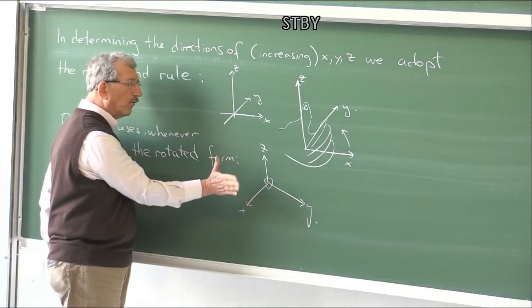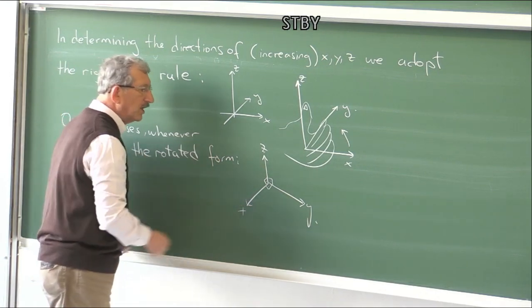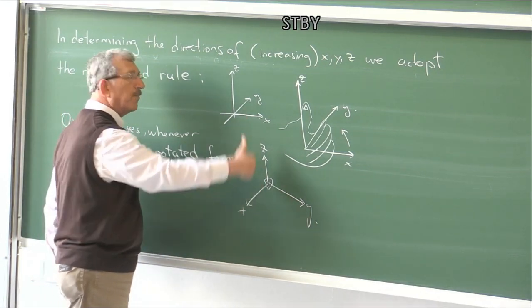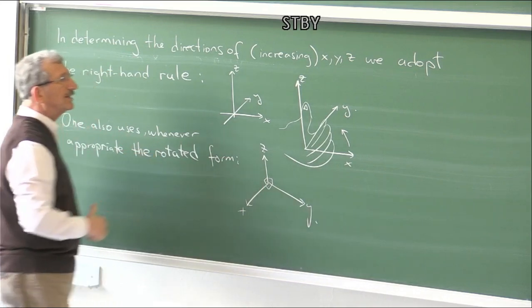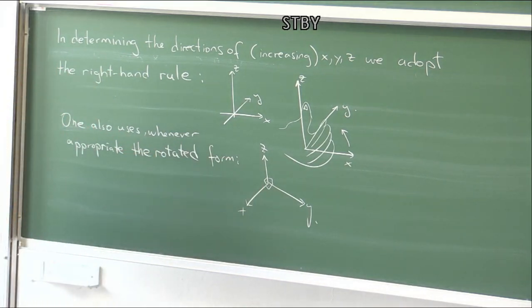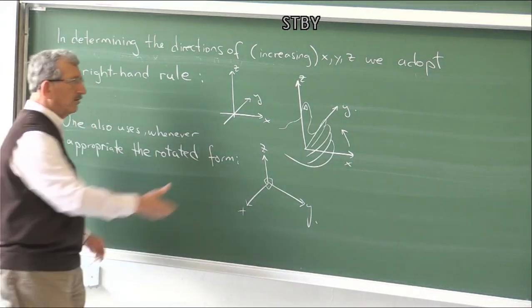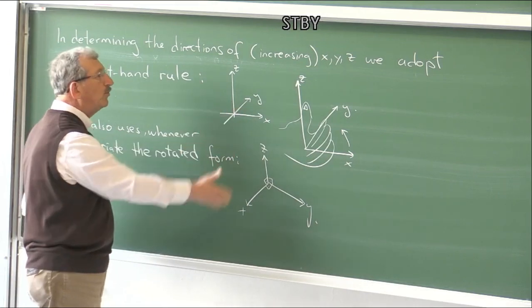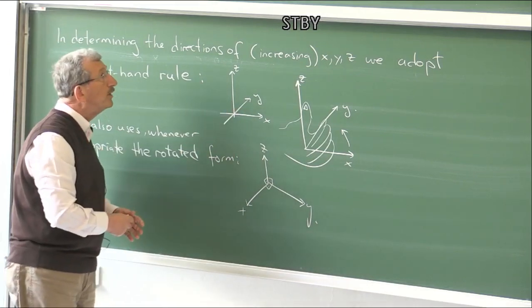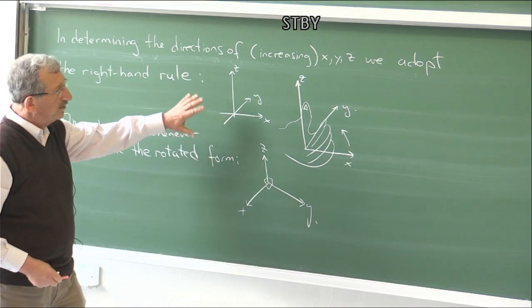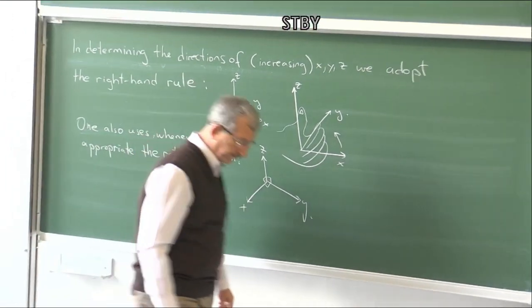When you move your 4 fingers from the x-axis towards the y-axis, your thumb shows the increasing z direction. So depending on the view, we will be using either way of showing it.